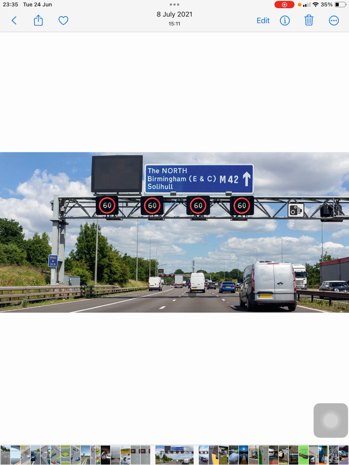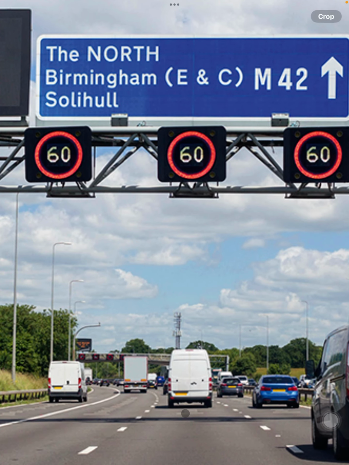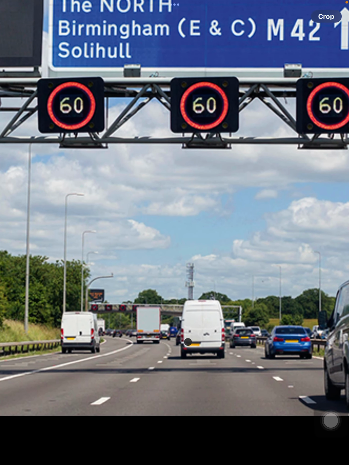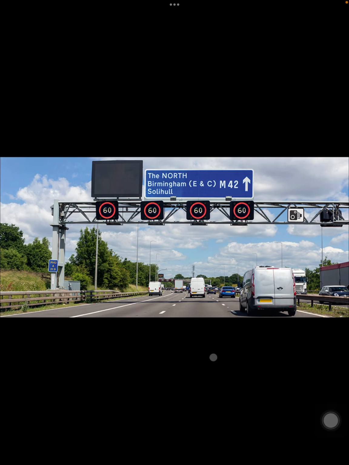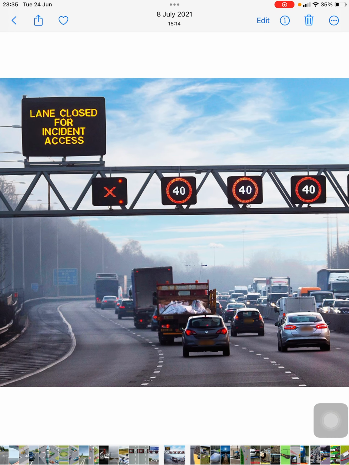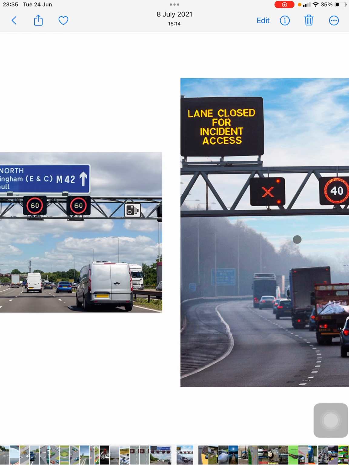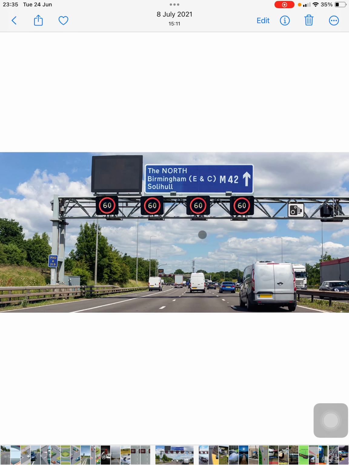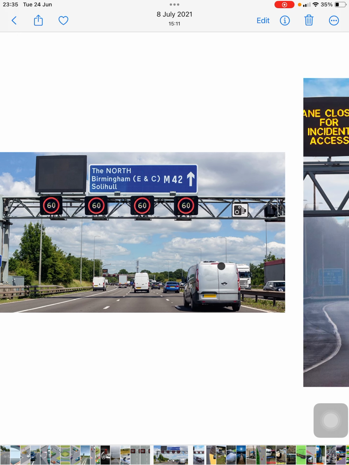And if you look in here the traffic is less, it's not that busy. See, when there is more traffic, less speed limit; less traffic, more speed limit.